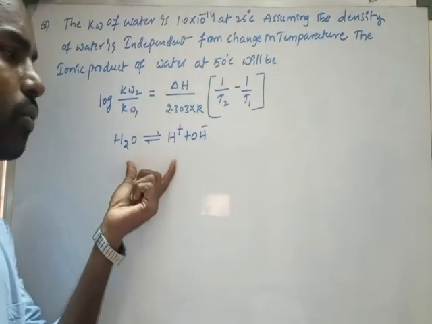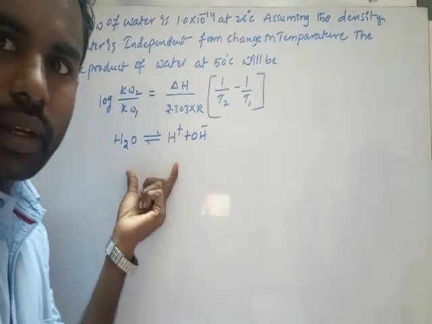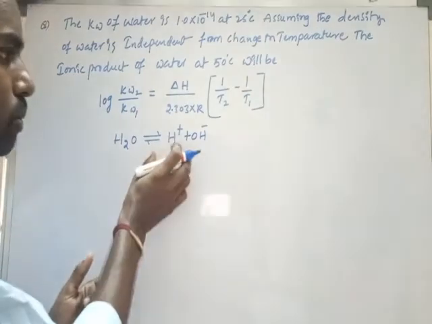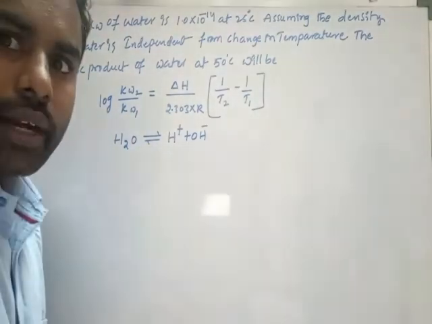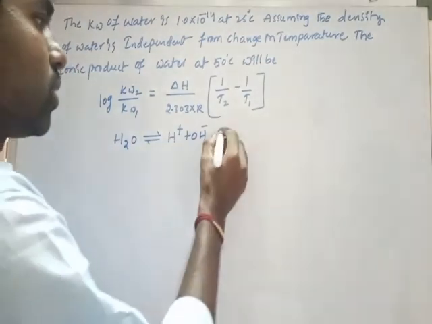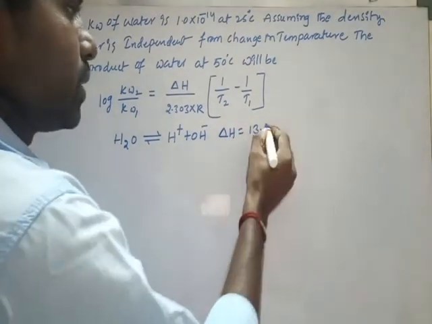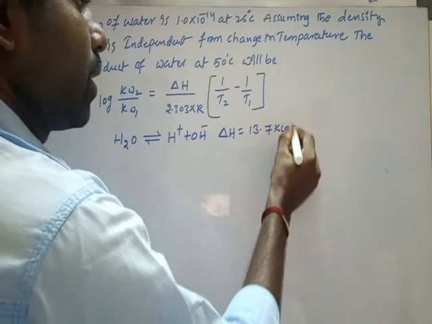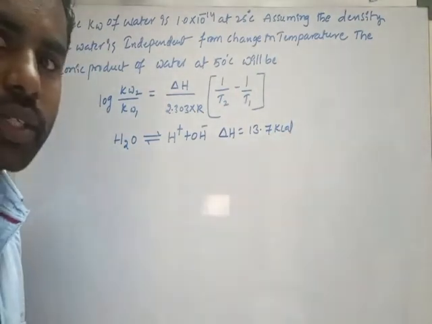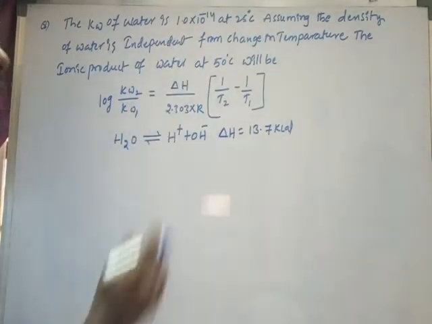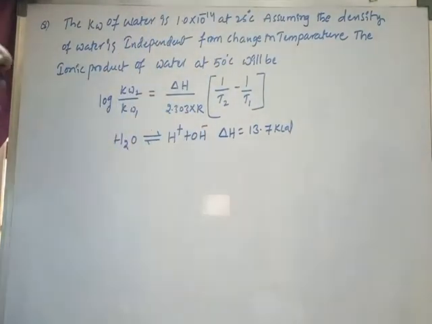This dissociation of water is an endothermic reaction, so by absorbing some amount of energy, it will dissociate. So here delta H equals 13.7 kilocalories. Now we have all the values, and we can substitute in the given equation.